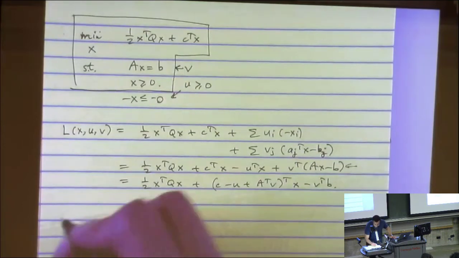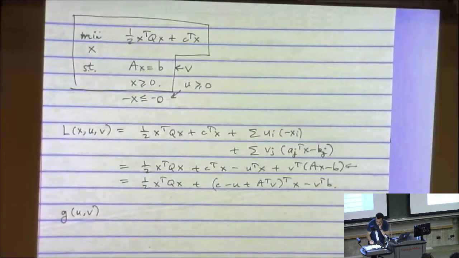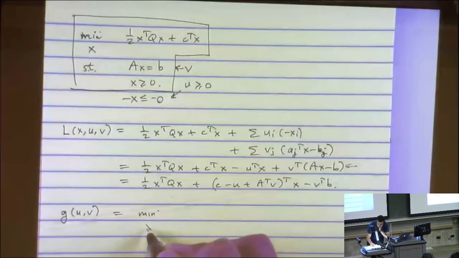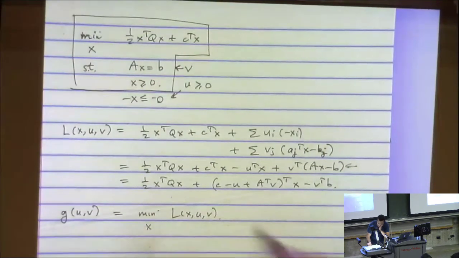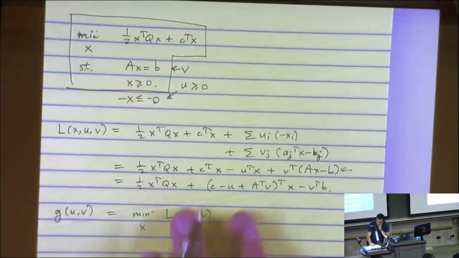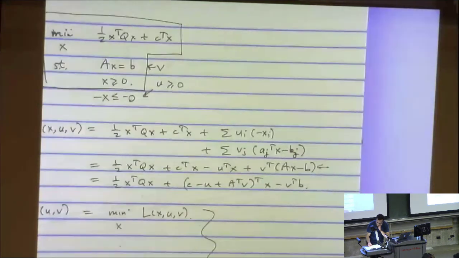So let's construct the Lagrange dual function, which we're going to get by minimizing this out over all x. This is just a quadratic, so we could take its gradient, set it equal to 0. Let's just do a little calculation here.